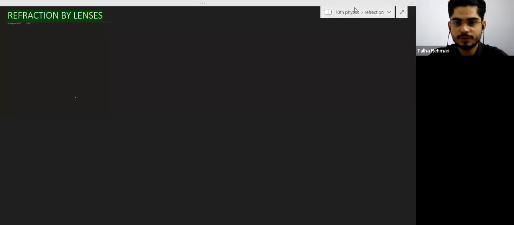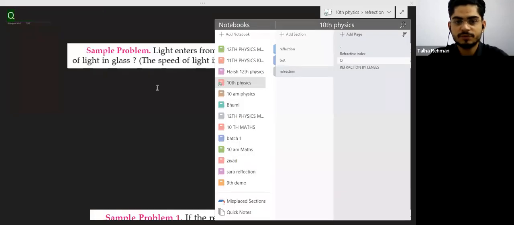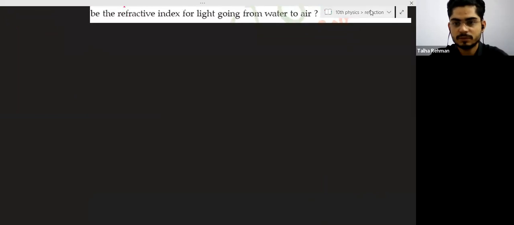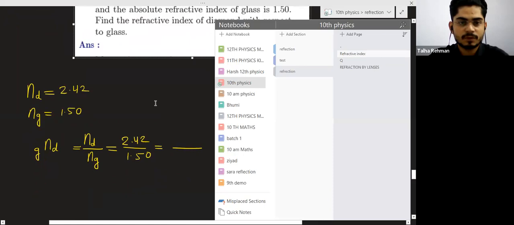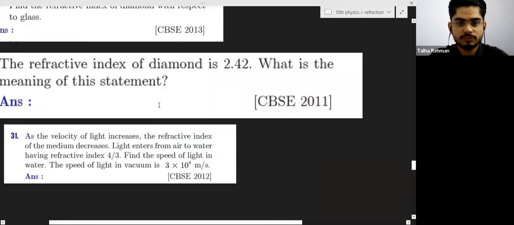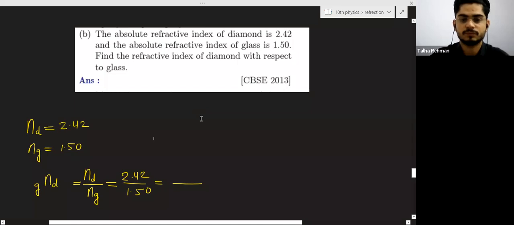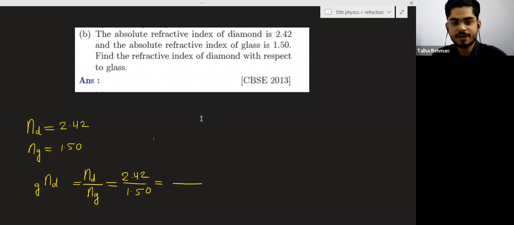And one thing more I want you to note down. All the answers I have written here, just note them down. And see the method that I have used. In this way, you have to solve the question in the exam.